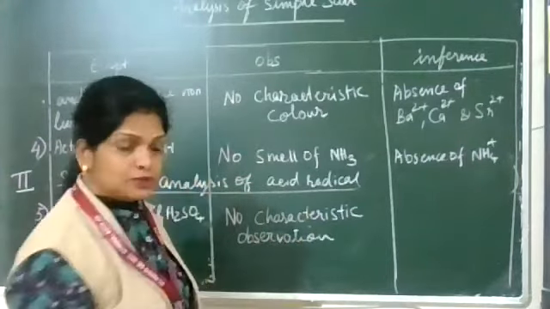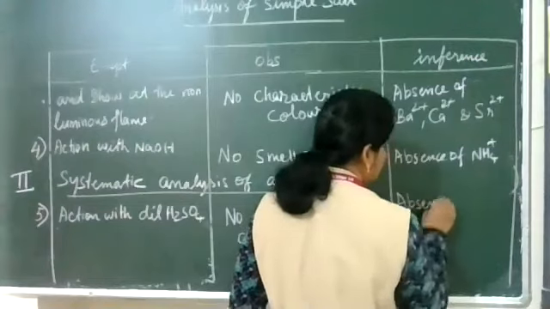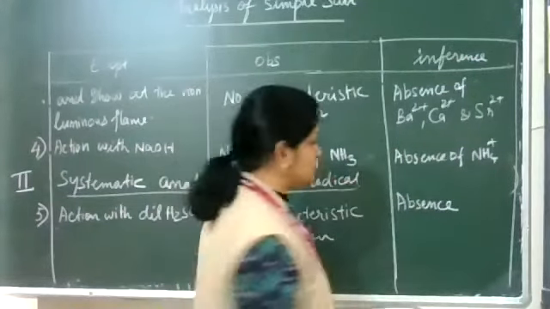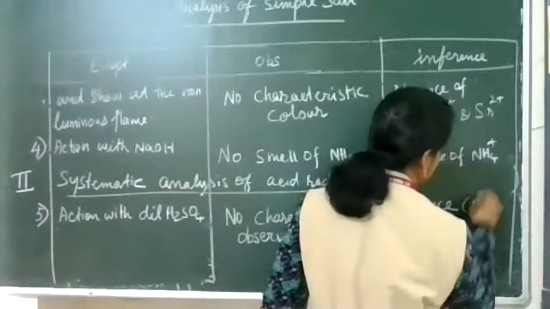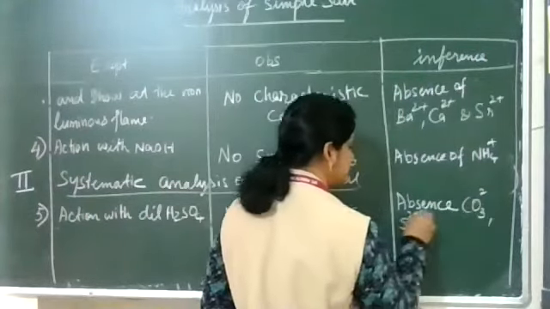No characteristic observation. So we write absence of, no effervescence, so CO3 2 minus absence. No rotten egg smell, so S 2 minus absence.